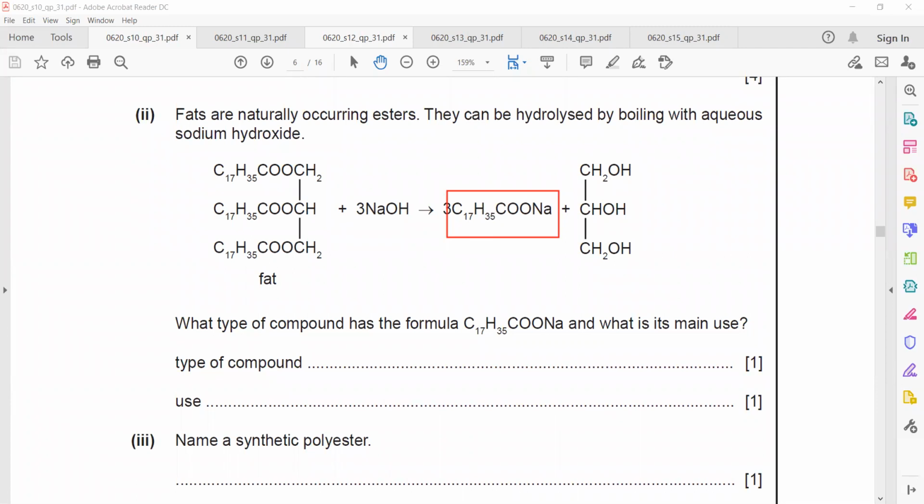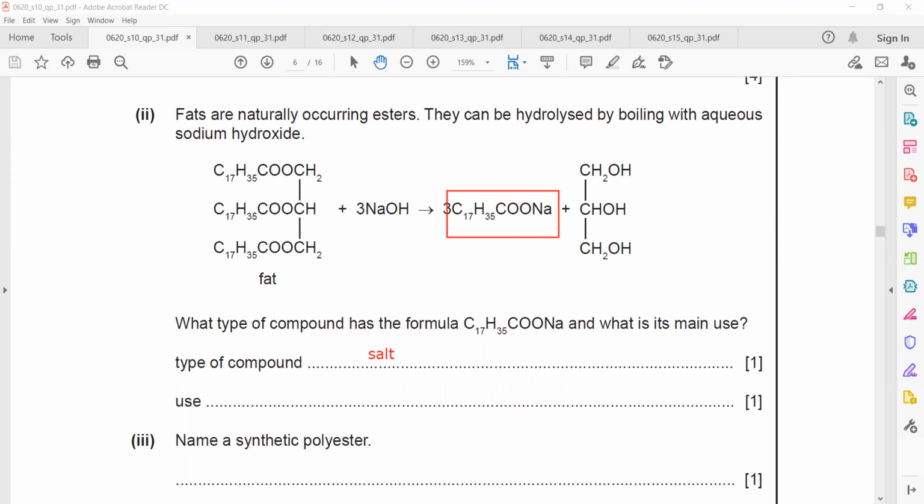So it is a salt, because when an acid reacts with an alkali, it results in an ionic compound, a salt, and that salt is called soap. And the next part, what are the uses?